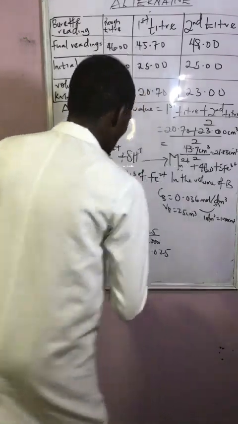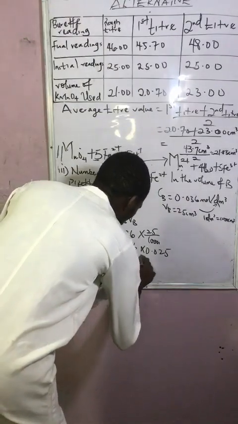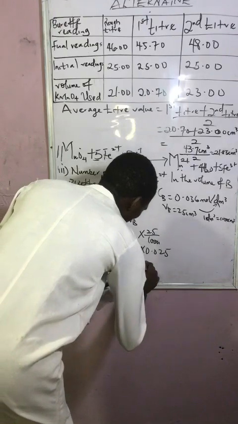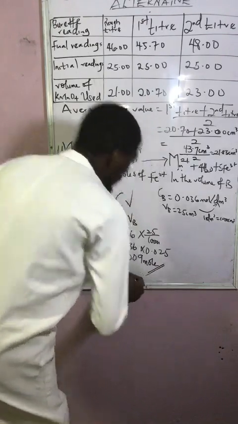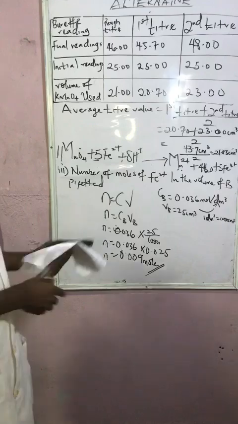So we have it to be 0.009 mole, because we are looking for the mole of that.